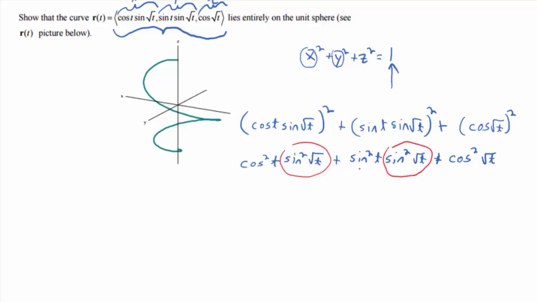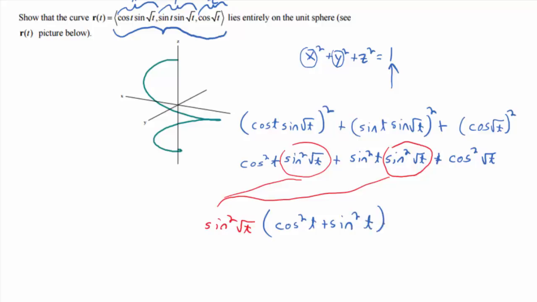It only works for the first two terms, right? So factor out sine squared root t, and from the first two terms, what's left? Cosine squared t plus sine squared t, which is good news. And then we still have the plus cosine squared root t.